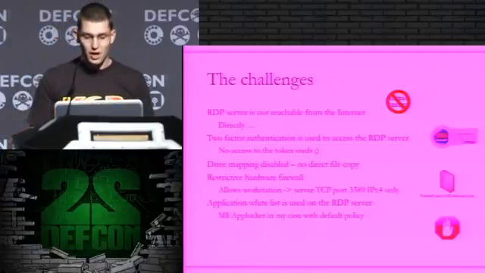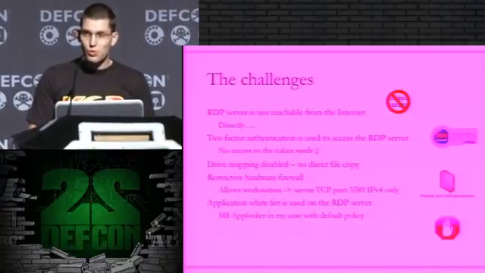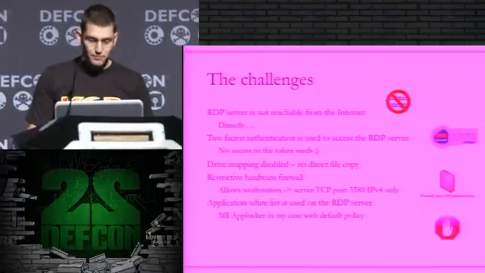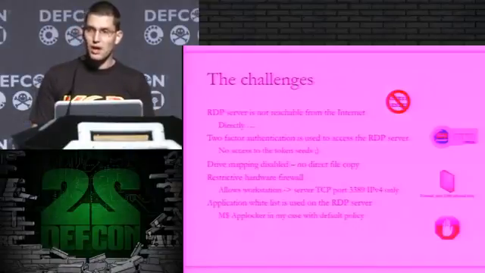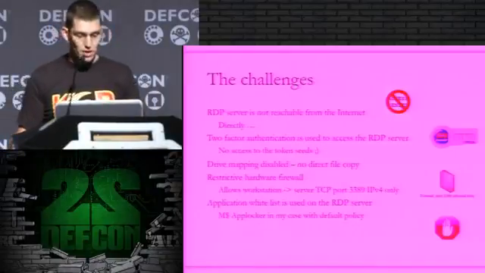For example, the RDP server is not reachable from the internet. And users are using two-factor authentication to access the RDP server. Also, drive mapping has been disabled, which means there is no direct file copy between the RDP client and the server.